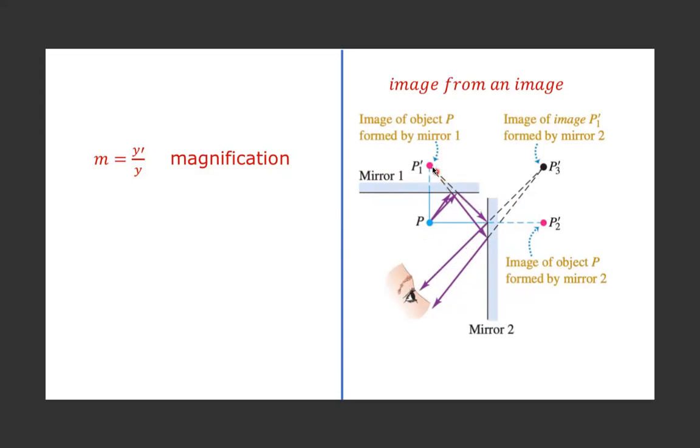So this image we knew from before, this image we knew from before, and this image is a new image that is formed simply because it's an image of an image, okay? It's an image of this image in this point, and it's an image of this image due to this mirror. And they happen to be in the same position, okay?